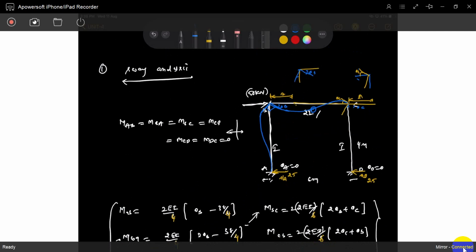So it will join like this, and that's it. So that is the elastic curve. That way you have to write an elastic curve, but exactly you can't draw at this place because it is moving, no? We have to mention delta also.